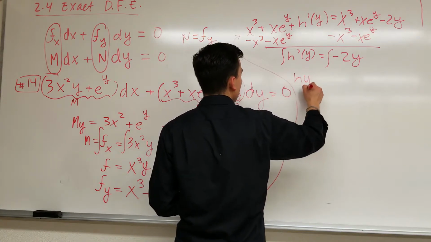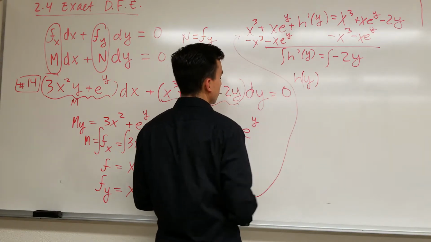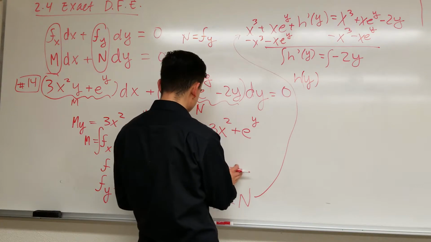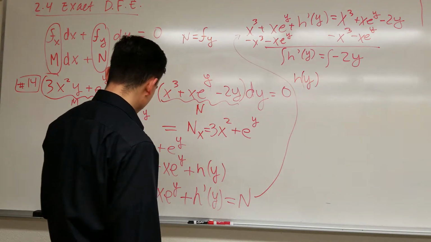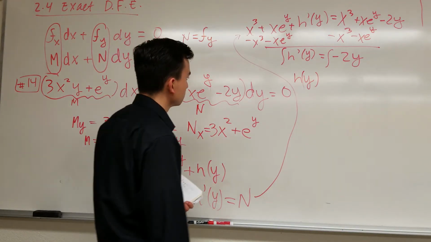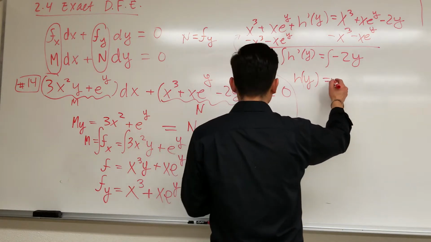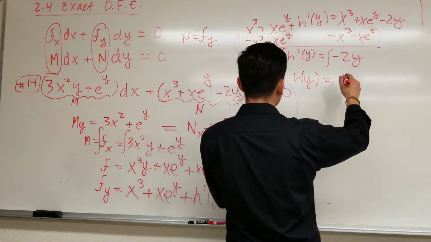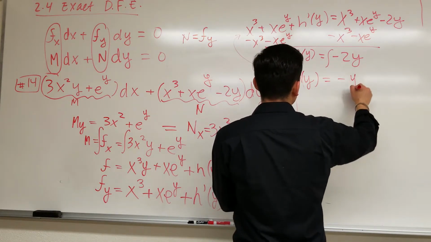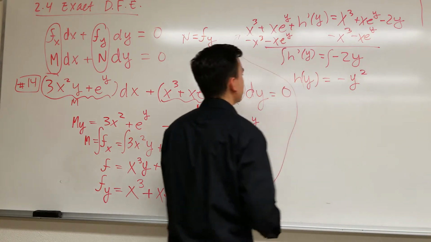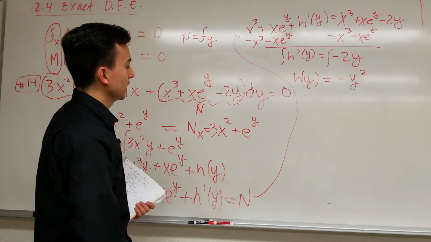And this is now going to give me my h(y), the constant that I found there. Okay, and that is going to be negative y^2. Perfect, we found that h(y).